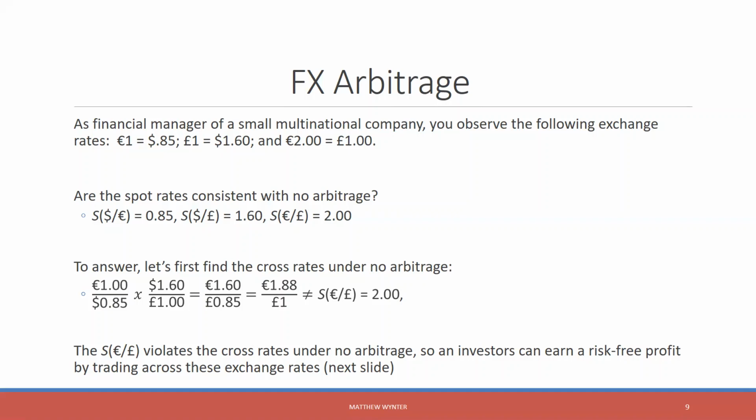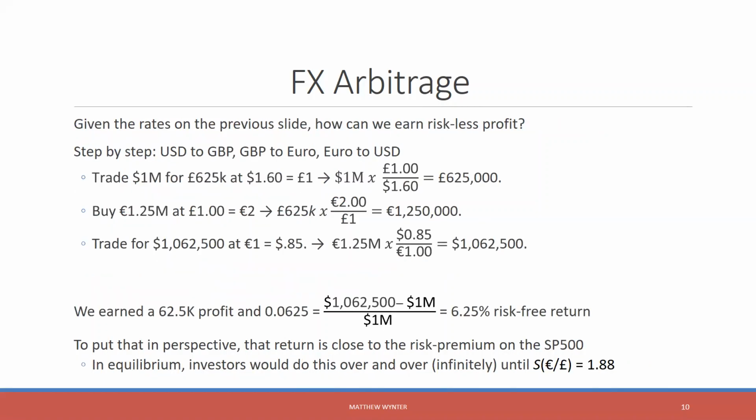But if I use the spot rates that are available in the market to solve for the cross rates under no arbitrage, what I find is that £1 should cost 1.88 euros. So there's a difference here. We can see that the spot rate that's being offered violates the cross rates under no arbitrage. So an investor can earn a risk-free profit by trading across these exchange rates. And we'll look to see exactly how.